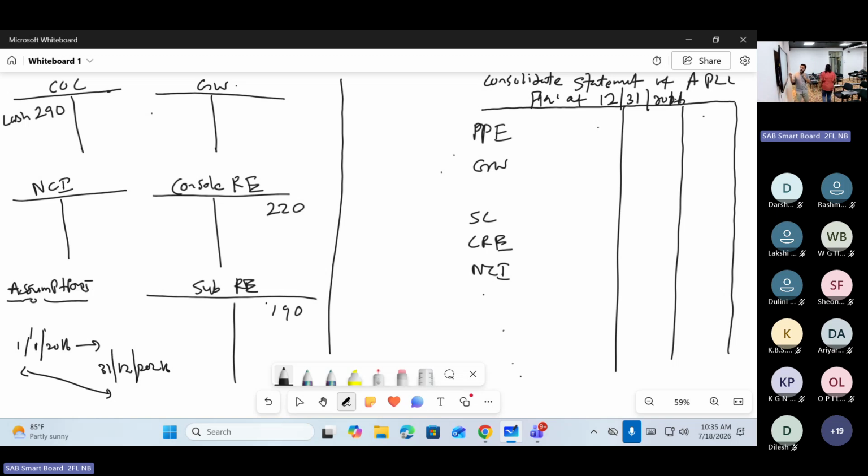So we take 150 out of the 190. That is called pre-acquisition retained earnings, and the remaining 40 is post-acquisition retained earnings. The pre-acquisition part we transfer to the cost of control account for goodwill calculation purposes: debit here 150, credit here 150, subsidiary retained earnings.